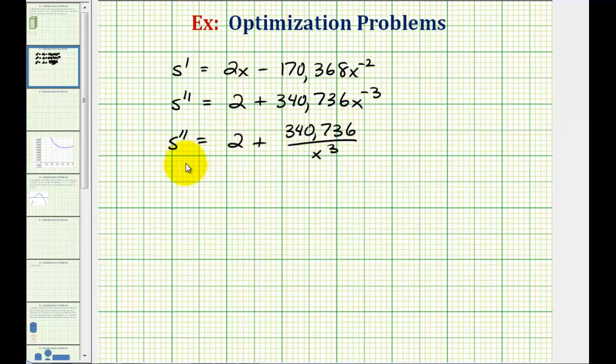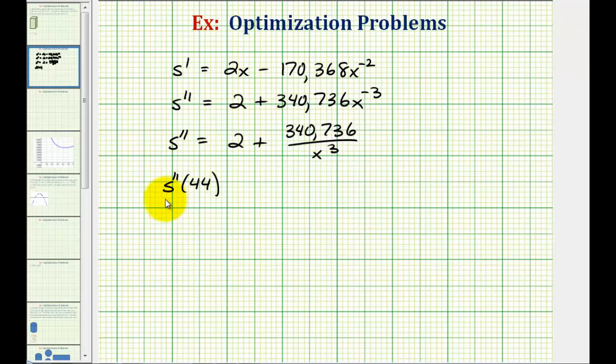And now if we find the sign of the second derivative at x equals 44, we can determine whether the function is concave up or down, and therefore verify whether we have a minimum or maximum at x equals 44. So this would be equal to 2 plus 340,736 divided by 44 cubed.